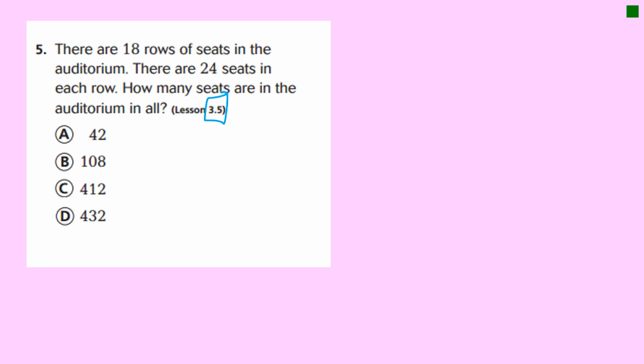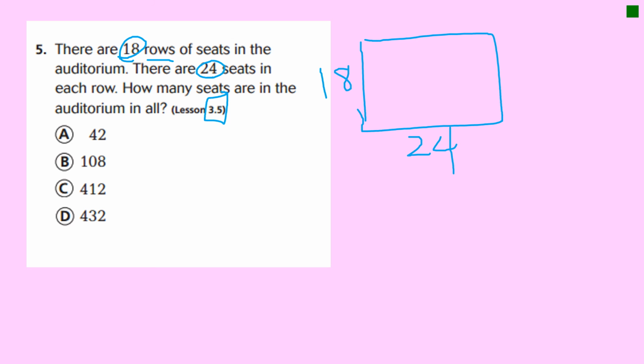Reread. Let me see here. There are 18 rows of seats and 24 seats in each row. Oh, this brings me back to the olden days, right? 18 rows, 24 seats in each row. What is that screaming out at you? Multiply, right?